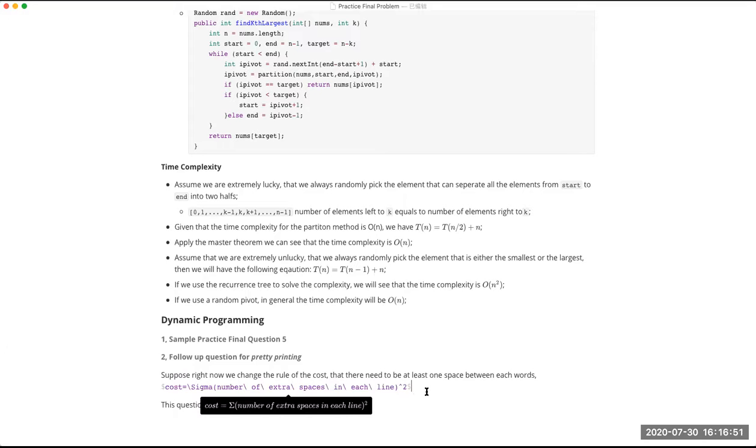For a more intuitive way of understanding this question: before, when the cost was a linear function of the number of extra spaces in each line, the question was more like a convex or concave problem in optimization, right? You can try to find the optimal solution in each subproblem, and you just keep climbing, and you'll finally find the optimal value.